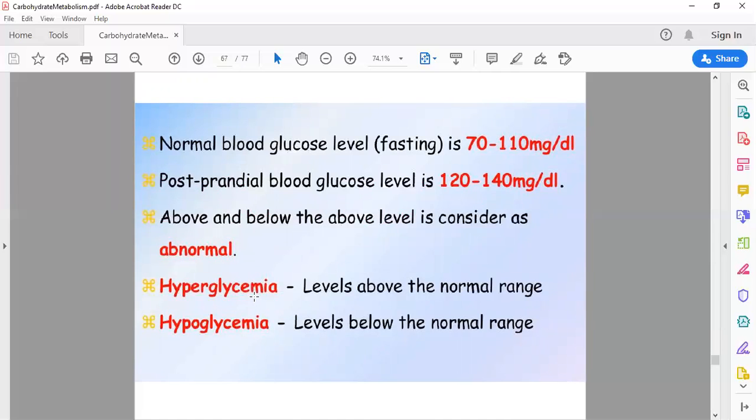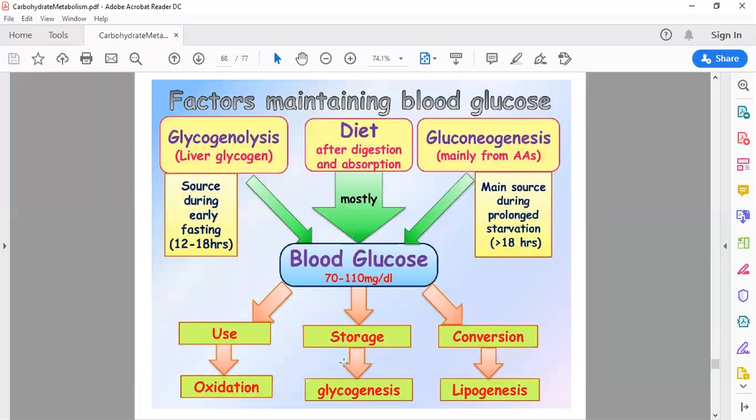If the level is above normal, it is called hyperglycemia, and if it is below normal, it is called hypoglycemia. In carbohydrate metabolism, we have discussed glycogenolysis and gluconeogenesis. In this diagram, you can see the factors which maintain the blood glucose level.